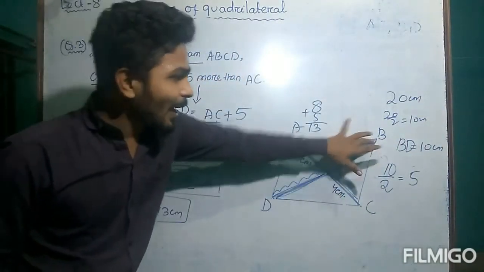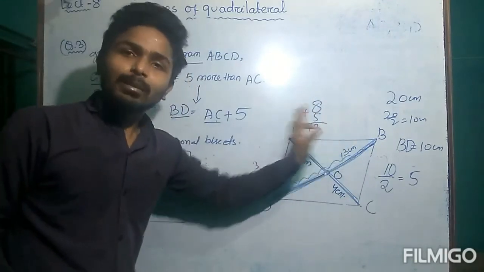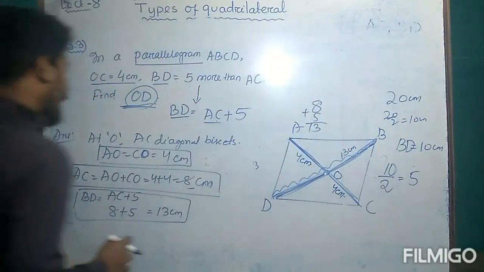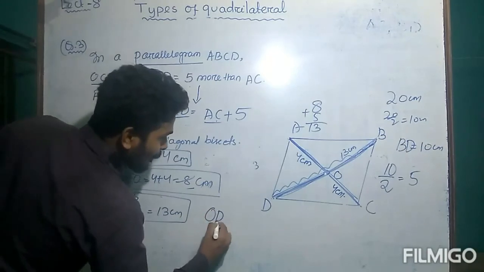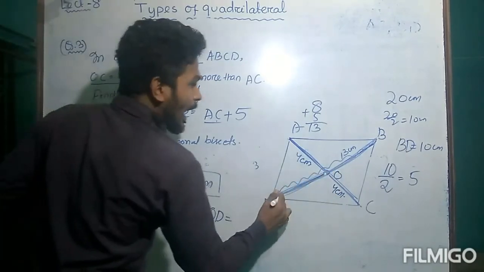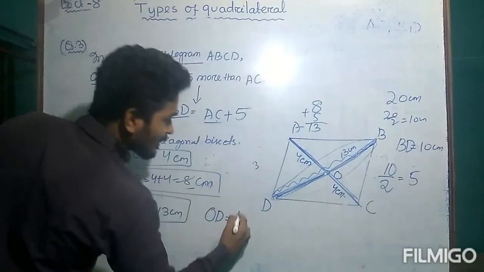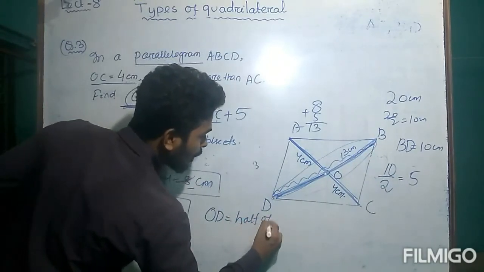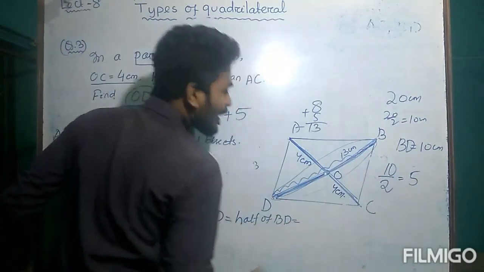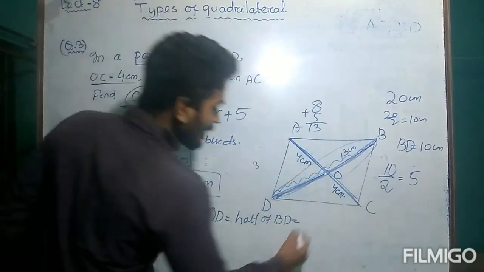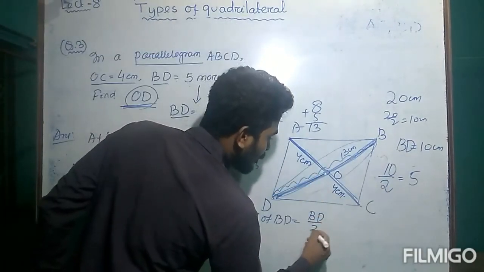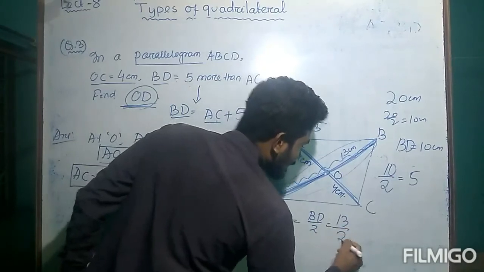So this distance is the half of total diagonal BD. So you can write OD is equal to half of BD. Half means what? By 2. So BD by 2. BD is 13, so 13/2.